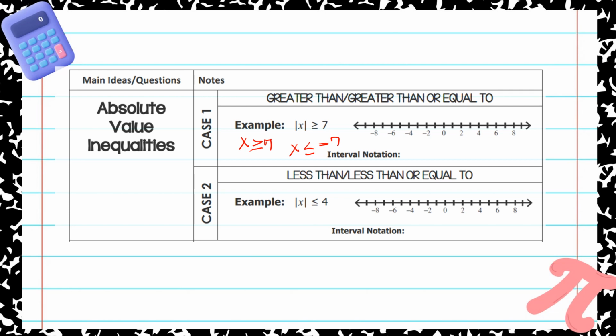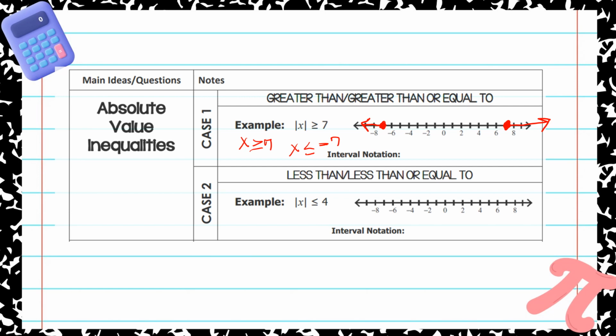Okay, so that's our one case. If x is greater than or equal to 7, I have an arrow going in that direction. If I have x less than -7, I'm going to have an arrow going in that direction.